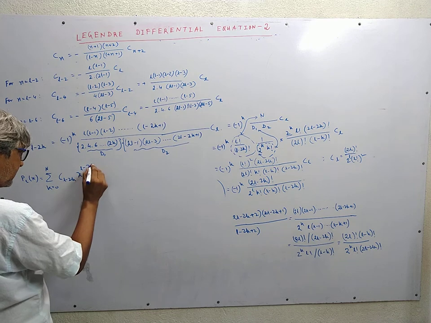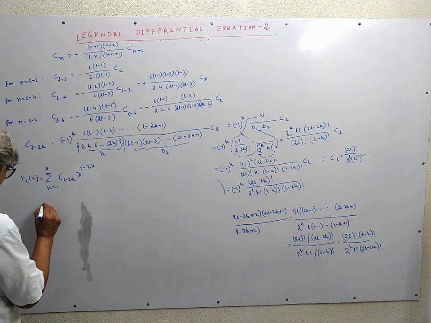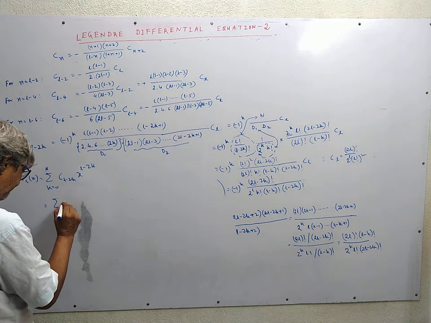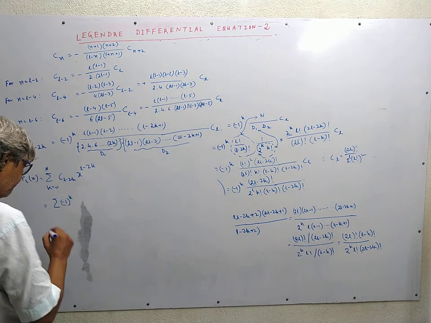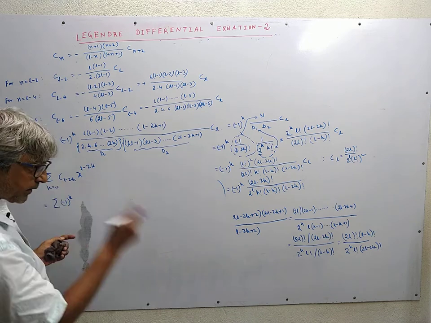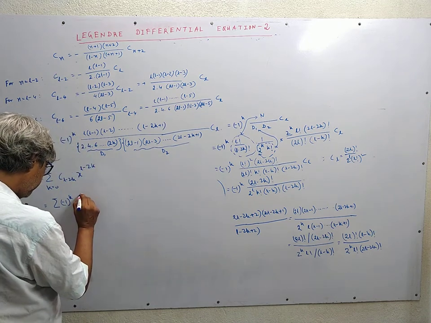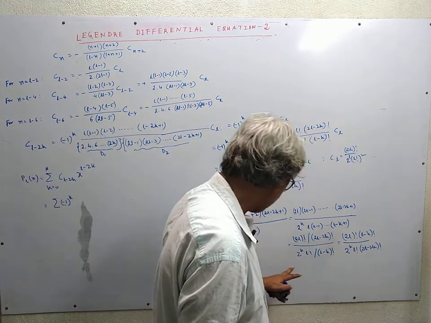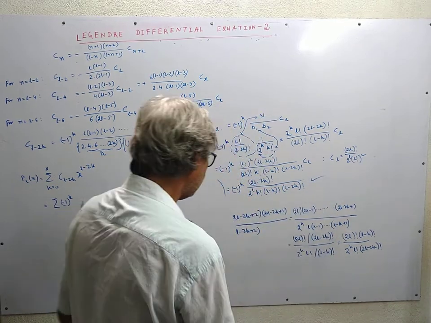So this is the expression for Legendre polynomial as a descending series. If we write C_L, this becomes (-1) to the power k, then we use the expression, this is the final expression.